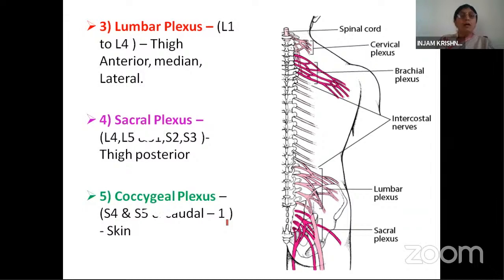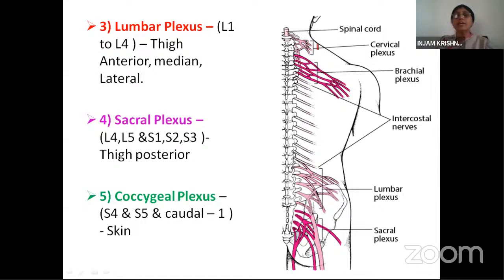And sacral plexus, L4, L5 and S1, S2, S3, reaches the thigh posterior. Here thigh anterior, medial and lateral, here thigh posterior. Next, coccygeal plexus, S4, S5 and caudal. They reach the skin.